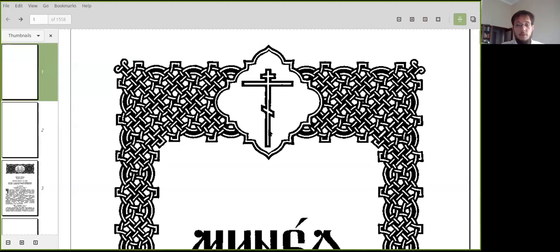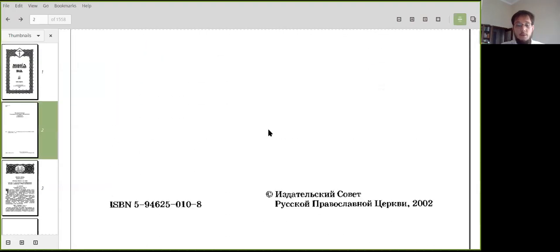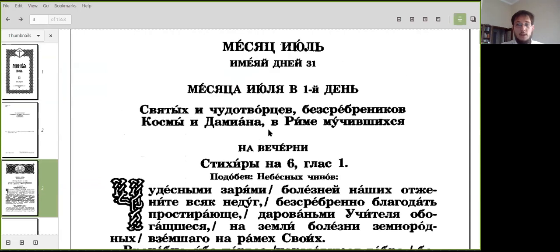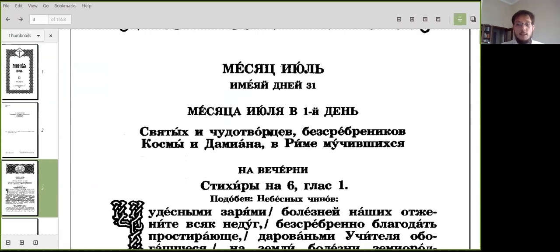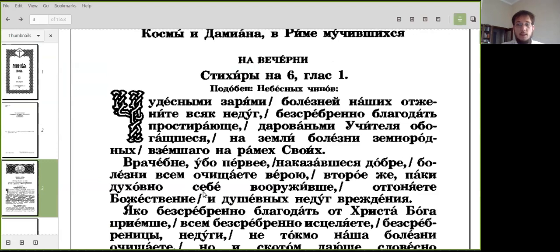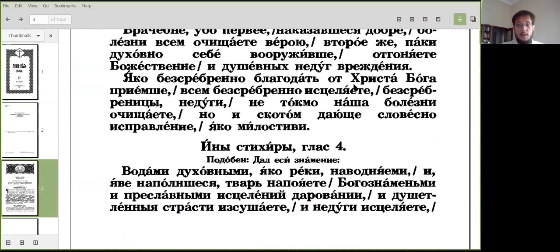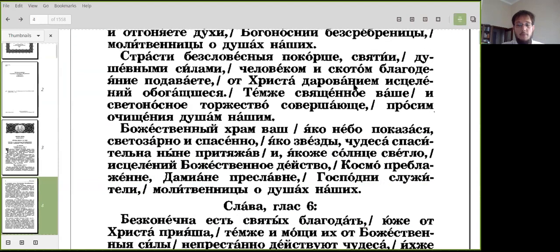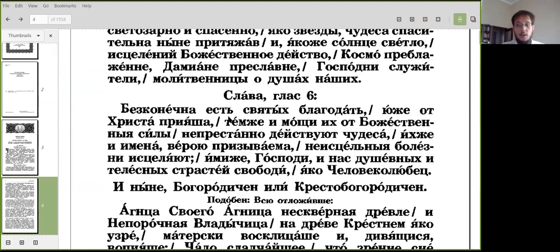So let me show you an example here from the July volume of the Menaion. If we take a look at the service for Saints Cosmas and Damian on the 1st of July, there's going to be 3 stichira, and then another 3 stichira, then glory, a doxastikon.